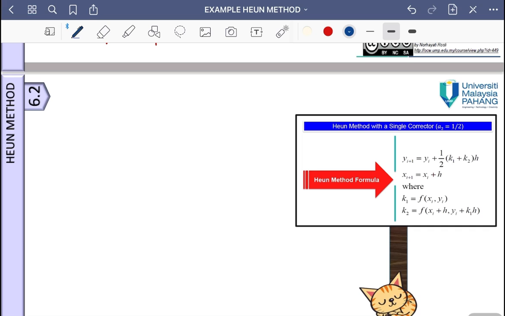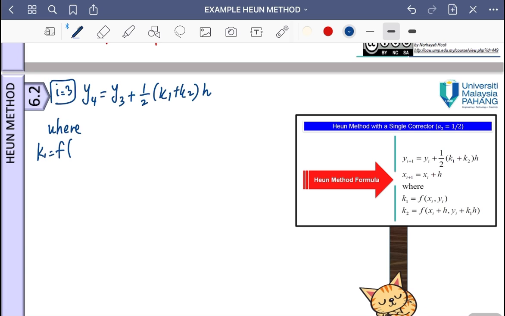Now we are left with the last one. When i equals 3, using the Heun method, we calculate our y4 from the value of y3 plus the average of two slopes times the step size, where the first slope comes from f at the point x3, y3.